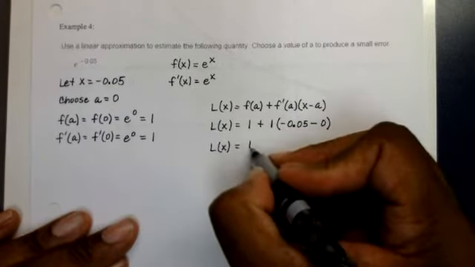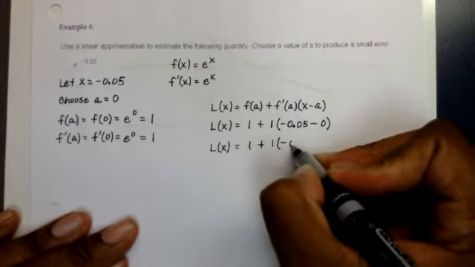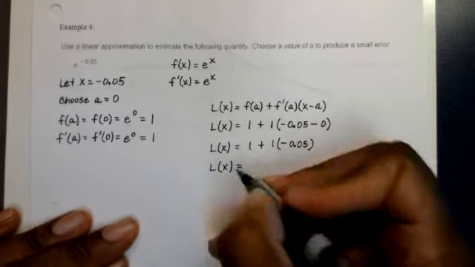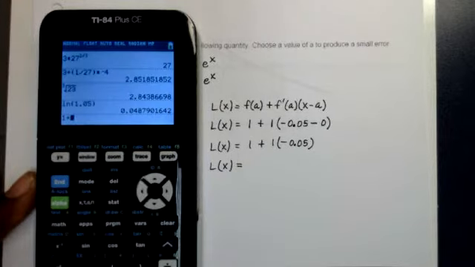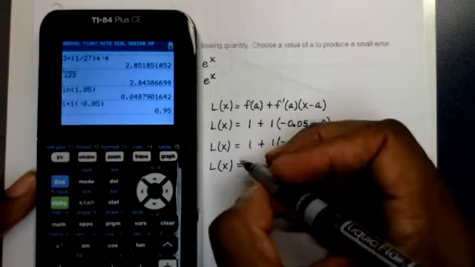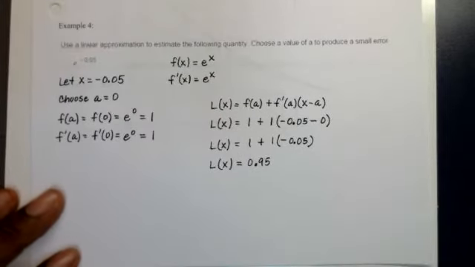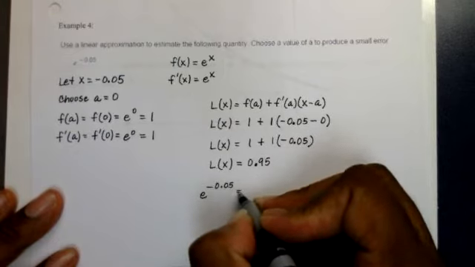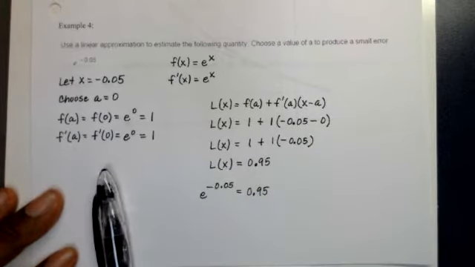All right, so L of x is equal to 1 plus negative 0.05 minus 0, which is negative 0.05. And I'll go ahead and type that into the calculator. In this case, this will be 1 plus 1 times negative 0.05. This will end up being 0.95. So this will be the approximate value for e to the negative 0.05. I'll say approximate.